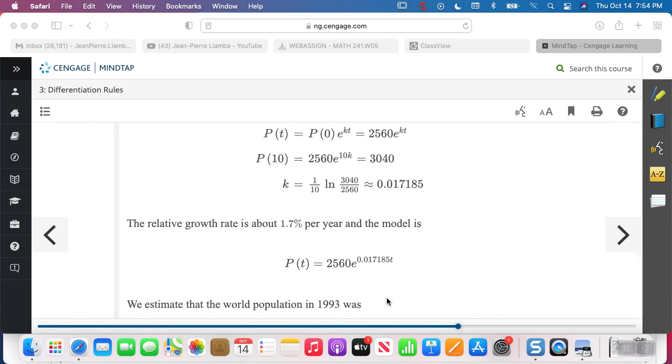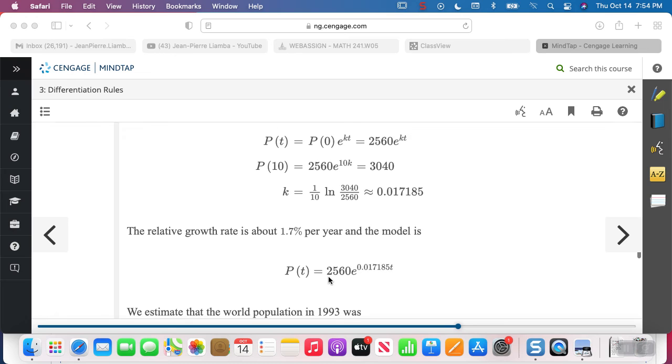Now we got k. So we go back to the equation and plug in k. When you use the formula, you use the decimal version of k, which is 0.017185. So P of t equals 2560 times e to the 0.017185t. Now k is not unknown anymore.